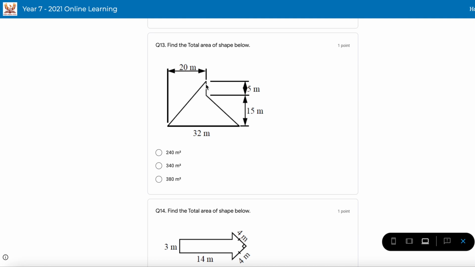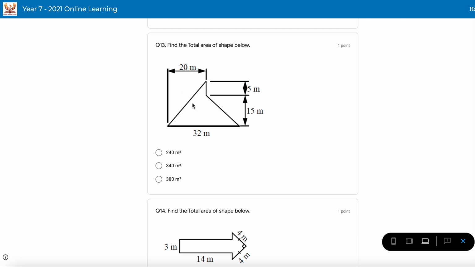So my height of this triangle from top to bottom, that's going to be 5 meters plus 15 meters down here. So that's going to be a height of 20 meters as well. So our base is 20 meters and our height is 20 meters for this triangle.